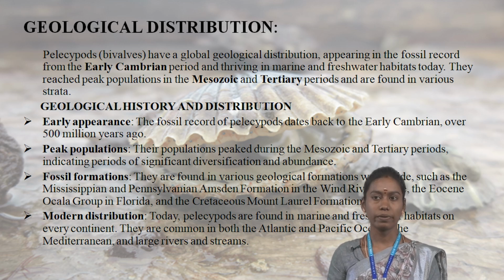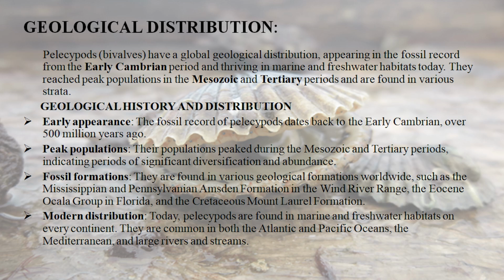Then fossil formations. They are found in various geological formations worldwide, such as the Mississippian and Pennsylvanian Amsden Formation in the Wind River Range, the Eocene Group in Florida, and the Cretaceous Mount Laurel Formation. These are the fossil formations of pelecypods.